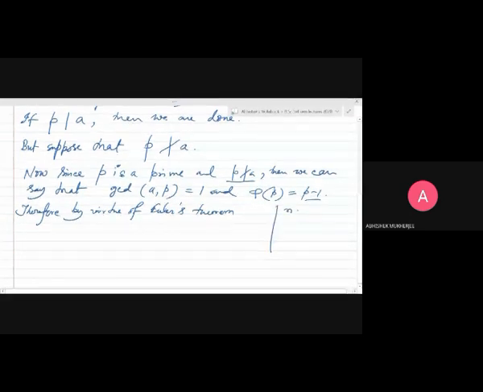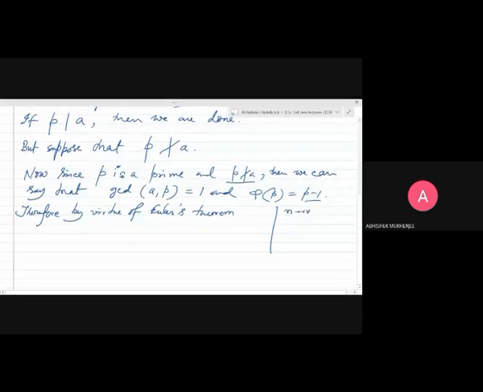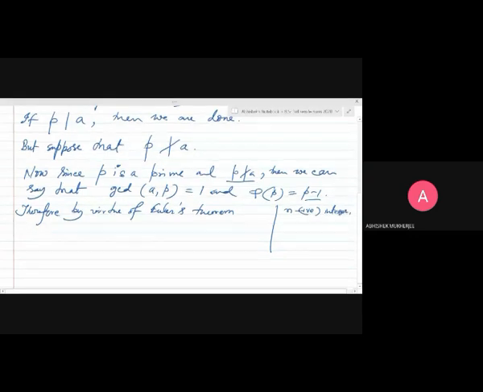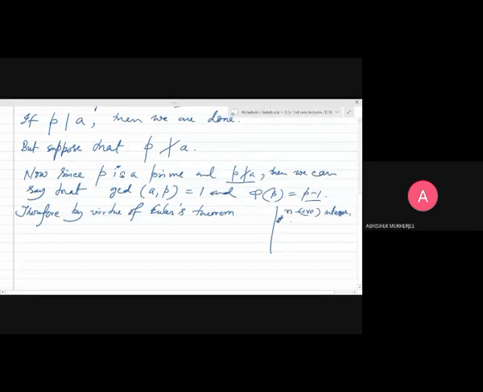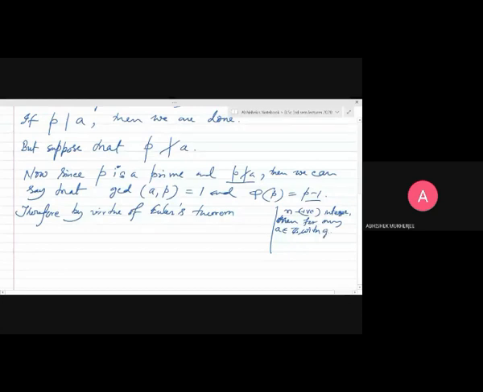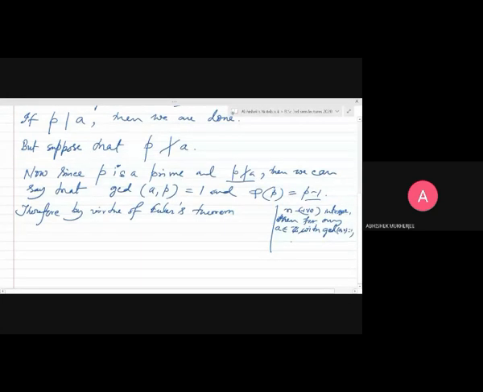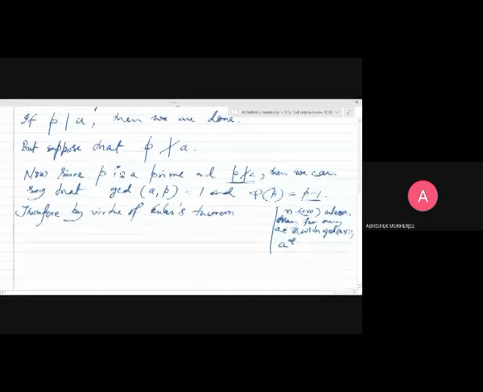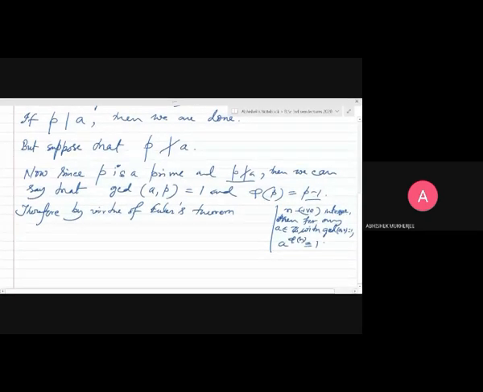Suppose you have a positive integer n, then for any a belonging to Z with GCD of a, n is 1, you are going to have a to the power phi of n congruent to 1 modulo n, right? So this is the statement of Euler's theorem.